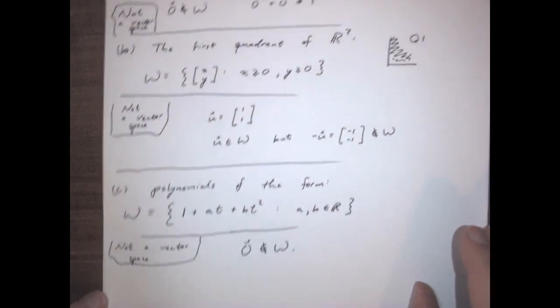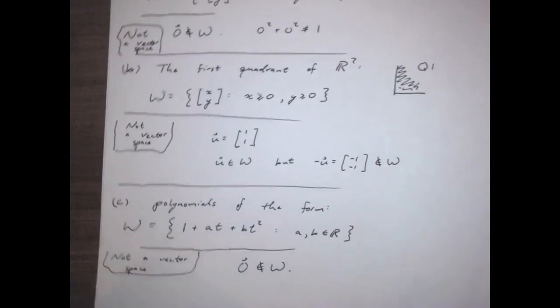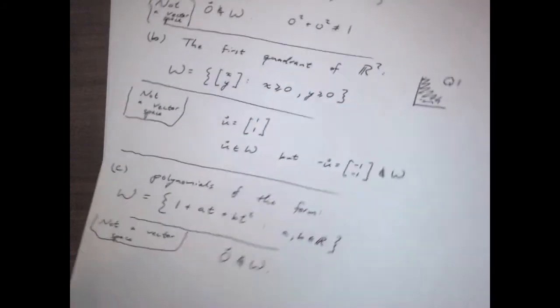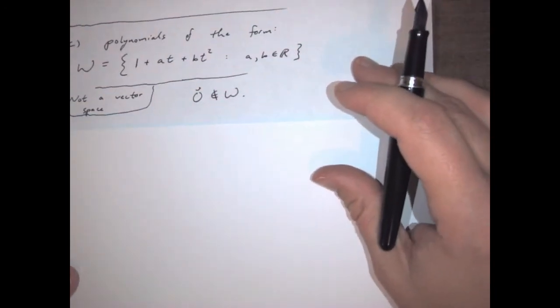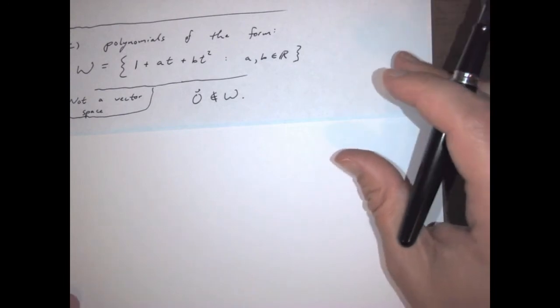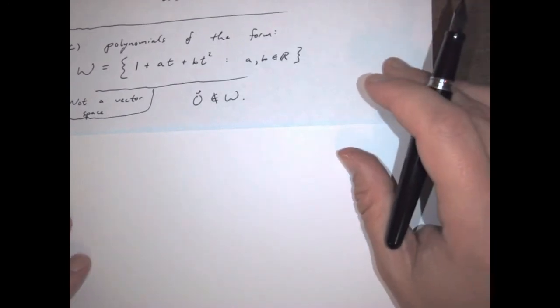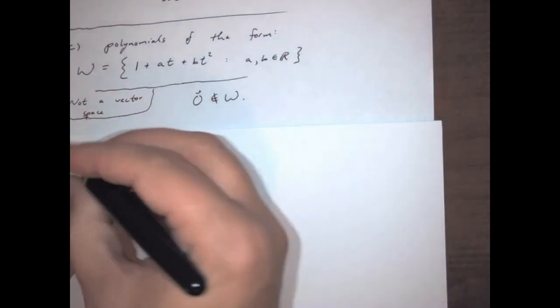Now, showing that something is not a vector space is one thing. Showing that something is a vector space is often a little bit trickier. One way, the easiest way usually, to show that something is a vector space is not to go step by step through all 10 properties. That's too cumbersome. The easiest way is to show that it is a span.